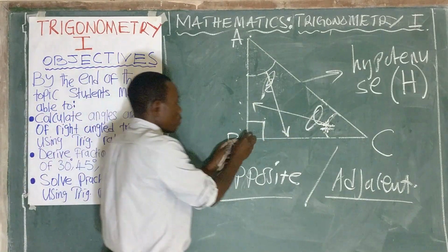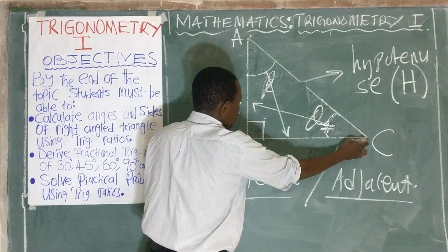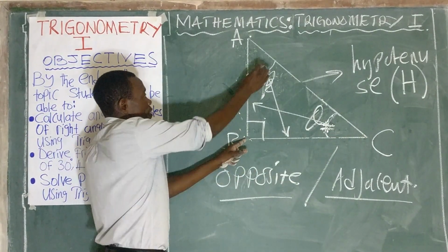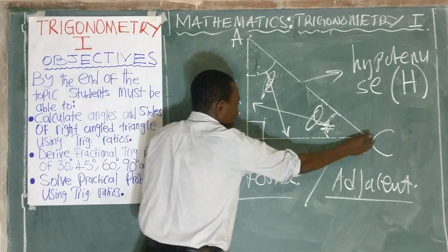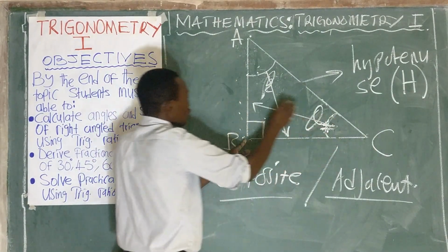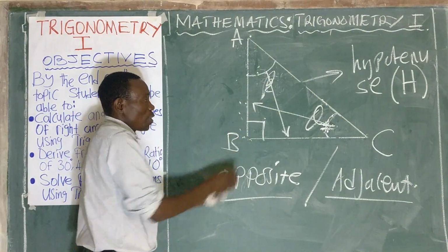But this side BC can also be an opposite side. If we consider this angle here, this angle is opposite to this side, then we define this side as the opposite side. So this way it goes.